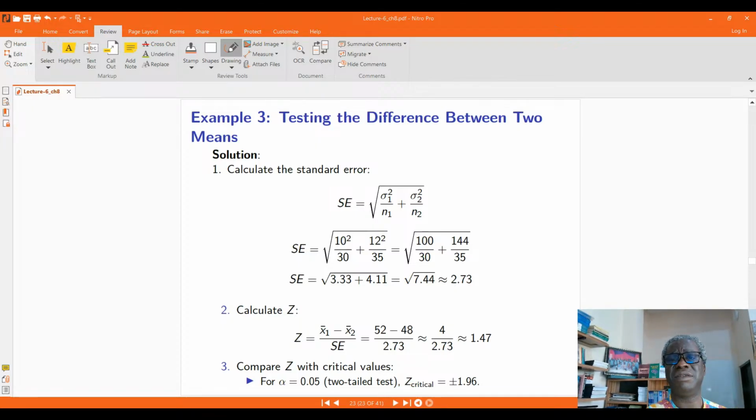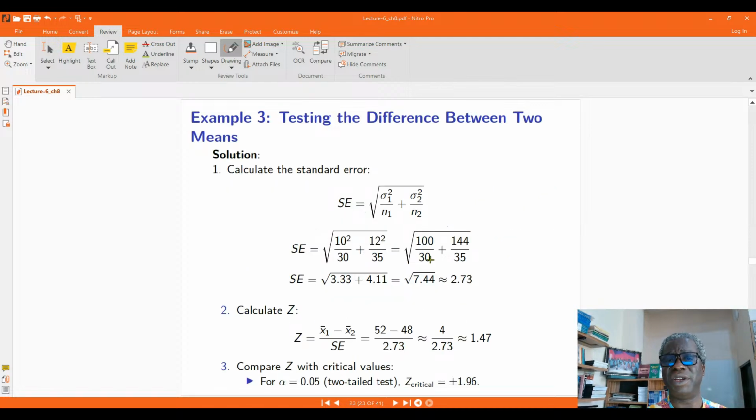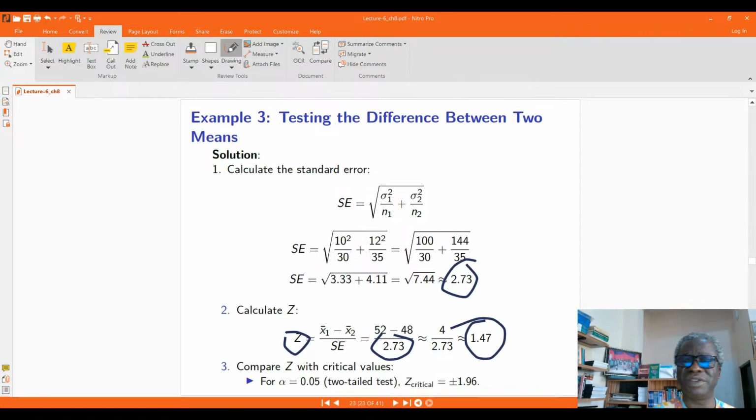So we can substitute the values. Maybe we start getting the result for the denominator, that is the denominator that gives you the expression you have. So the standard error is actually 2.73, and then you can now compute the Z, which is x bar 1 minus x bar 2, which is 52 minus 48, over the standard error, and then you have the final value to be 1.47.